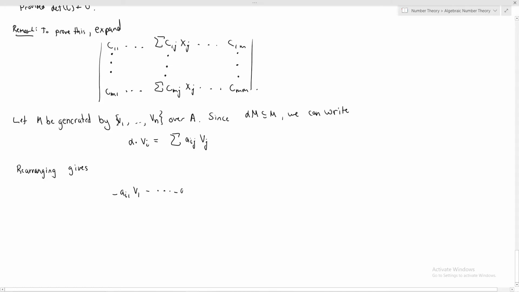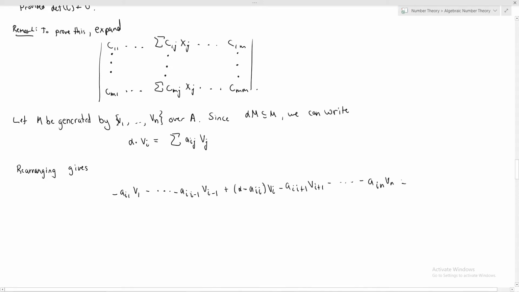Okay, so it'll be a_i,i-1 V sub i-1, and then on V sub i I'm going to have a different coefficient. I'll have plus alpha minus a_ii times V sub i, and so on. Then a_i,i+1 V sub i+1, minus, you know, a_in Vn.